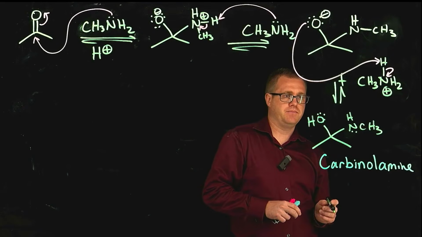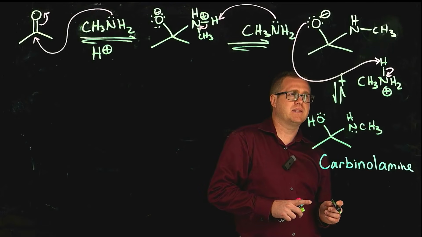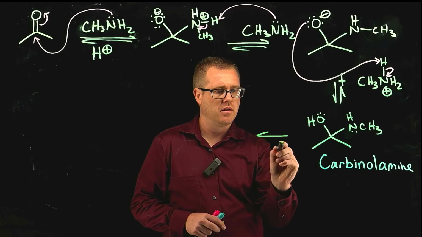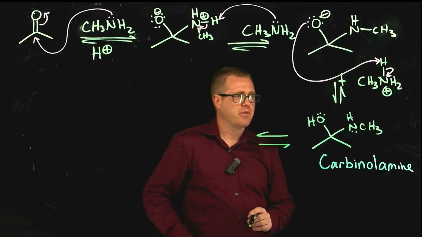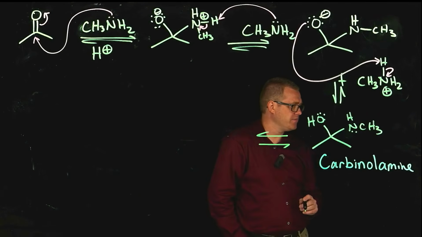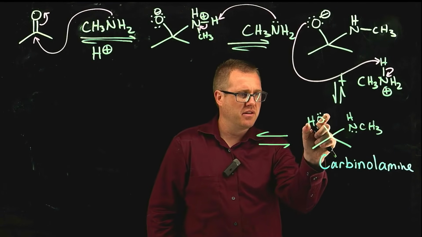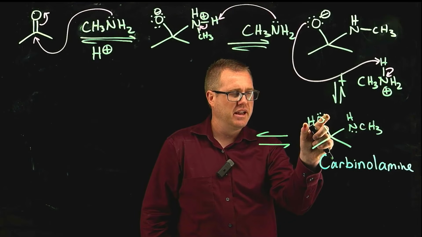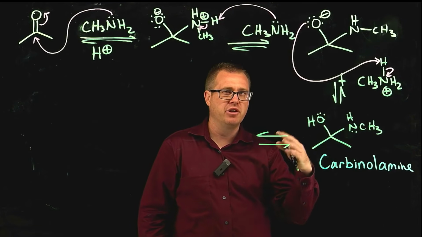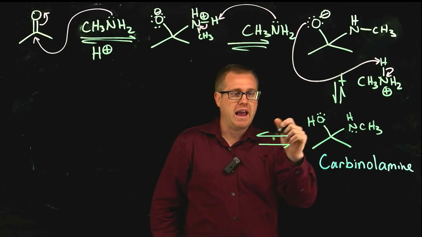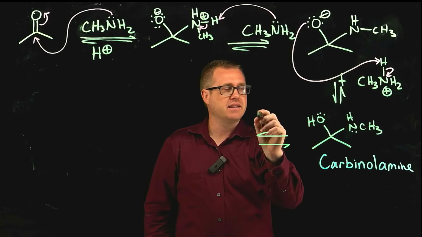Let's see here. So what's the next step here? So we have a reversal process. We need a proton transfer. We need to convert this hydroxyl into water so we can turn it into a good leaving group so it can leave. And so we're going to have our excess acid around.